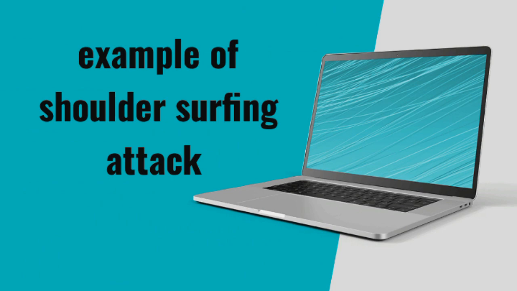I will provide a few examples regarding shoulder surfing attacks. Some real world examples of shoulder surfing: while you are using an ATM, someone positions themselves in such a way that allows them to watch you while you enter your PIN.